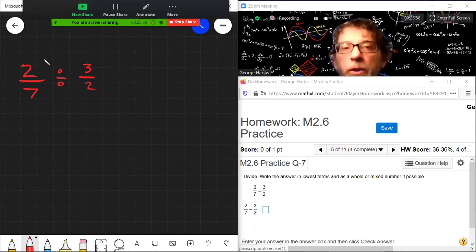Make sure you remember that. You first have to change division to multiplication, and then you can reduce before you multiply. Don't try to slash the 2's out here. No, can't do that in division mode.